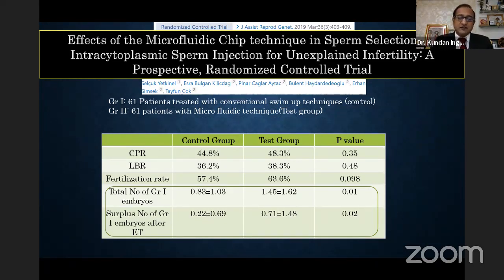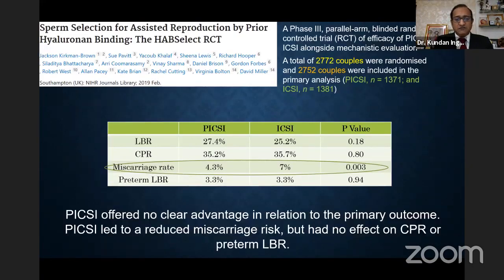So somewhere that particular technique probably helps us to select a good sperm, which ultimately gives us a good number of embryos, so that not only do we have a good grade 1 embryo for transfer, but also another backup of grade 1 embryos, maybe for future fertility or in case of failure to repeat the cycle. Though we have very little evidence, it is a prospective randomized controlled trial, and here it gives us some evidence that yes, it can be a good strategy.